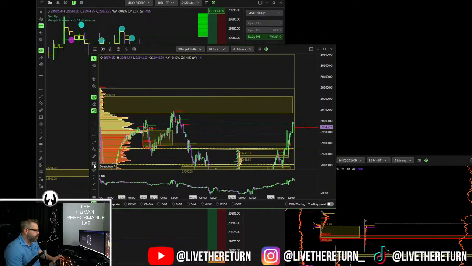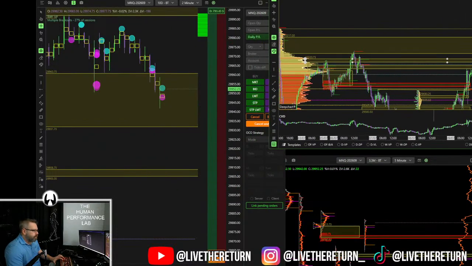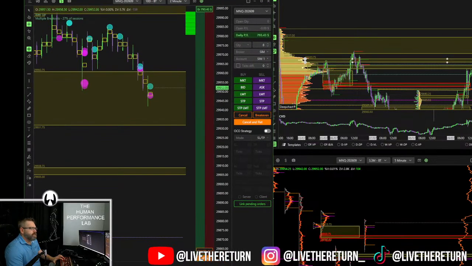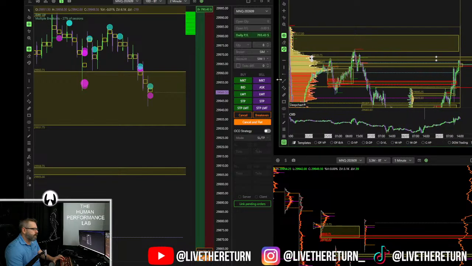Here's your low volume node here. Price action is just trading above that right now. Then we have this one here that we're trading at. So a short here, you know what? Let's go ahead and watch this and see if a short develops. I like the idea. Let's do it.